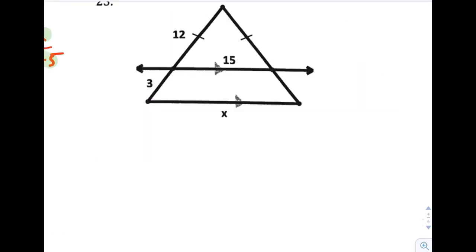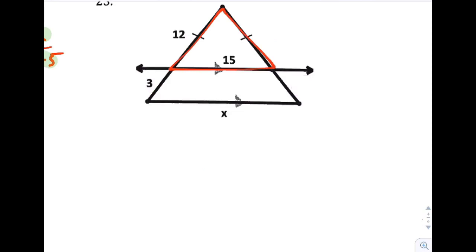This is that catchy situation where you can't use a side splitter. You can only use a side splitter when you're given 4 sides, meaning on the edges, not on the bottoms. You can't use the side splitter theorem when you're talking about pieces that are on the bottom. So in this case, you have to redraw both triangles, which actually will always work if you wanted to do it that way.